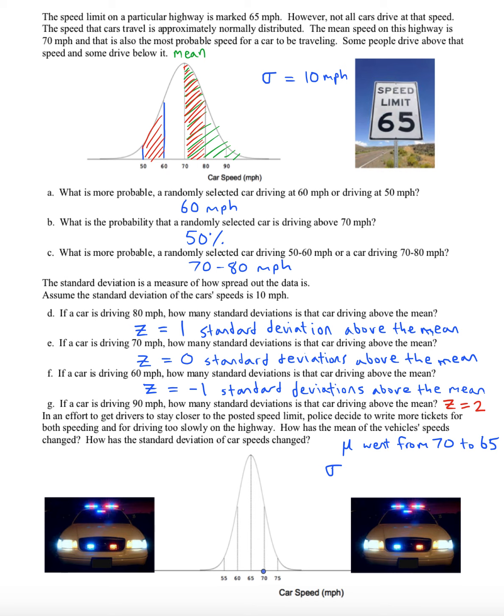Now the width between those markings is only 5. So the sigma went from 10 miles per hour down to 5 miles per hour. And this just makes a narrower curve.